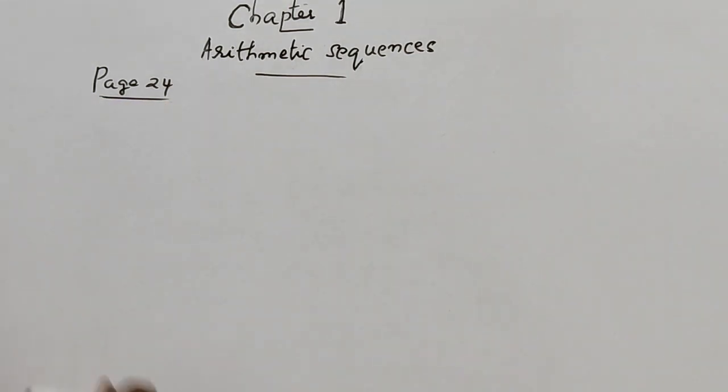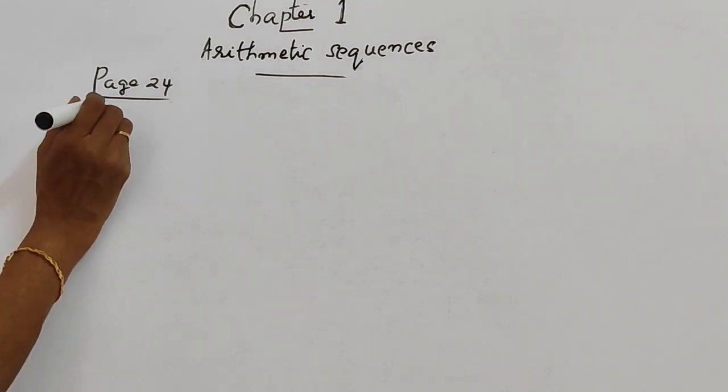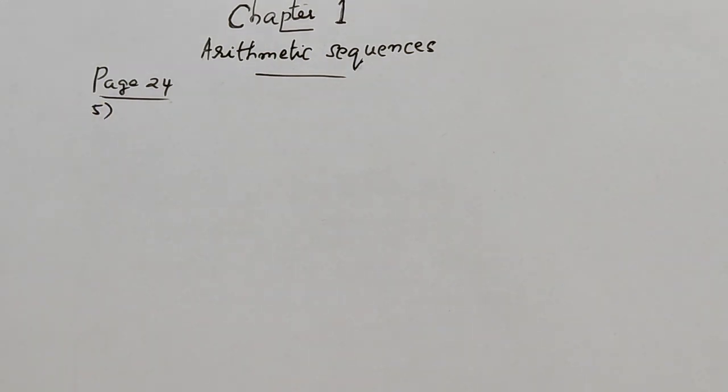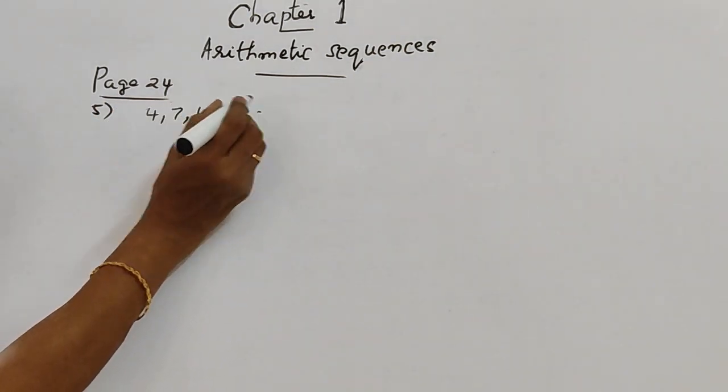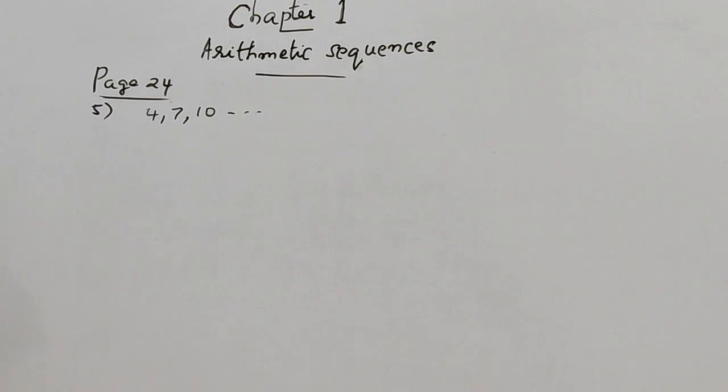What is the fifth question? Prove that the squares of all the terms of the arithmetic sequence 4, 7, 10, and so on belong to the sequence. Prove that, read the question one more time.